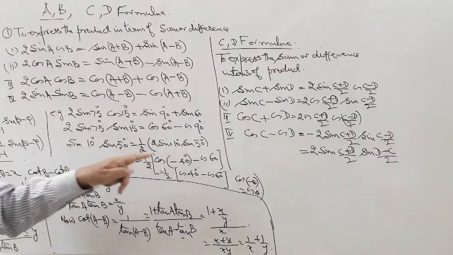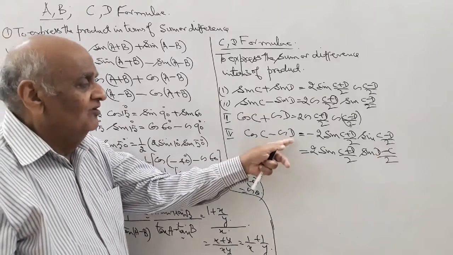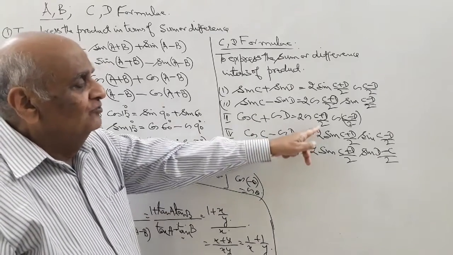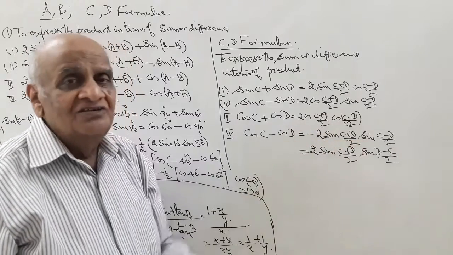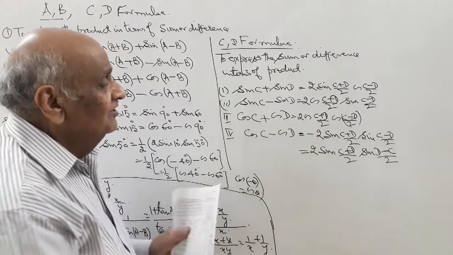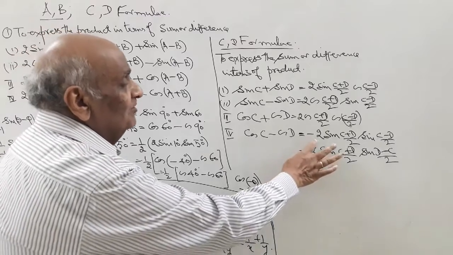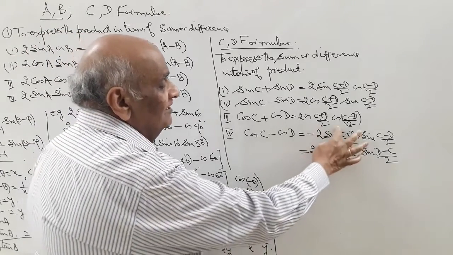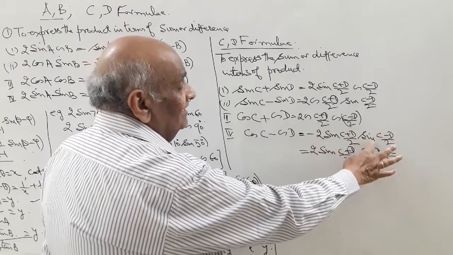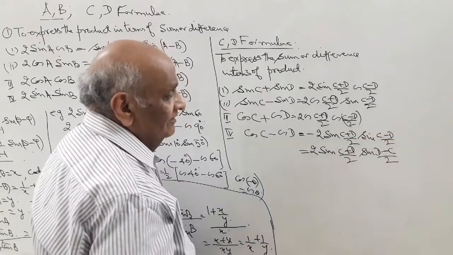That's why there is a change in this formula. Minus 2 sine C plus D by 2 sine C minus D by 2. You must note down the difference and main precaution here, that it is minus 2 sine C plus D by 2 sine C minus D by 2.